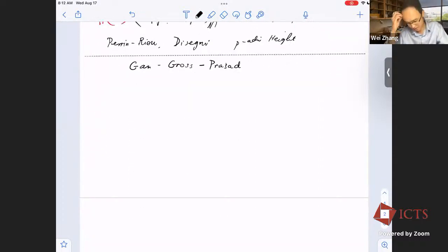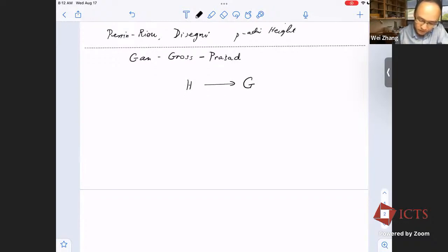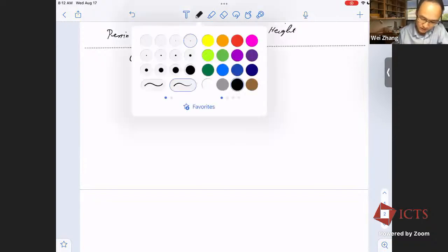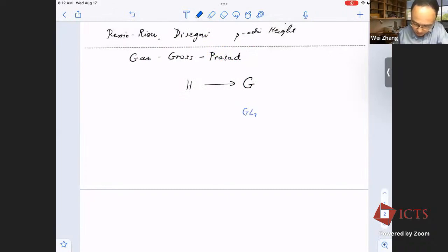In general, you look at a reductive group G and a subgroup H. In the example above, what I had was GO(2) or some quaternion algebra B^×, where H will be the torus attached to the quadratic extension, the restriction of scalars of a multiplicative group. That was the example we had above.